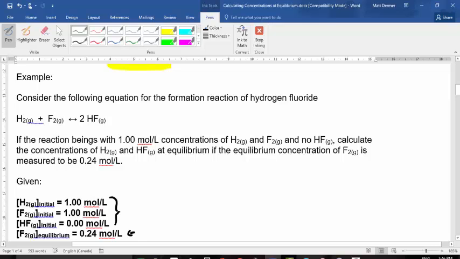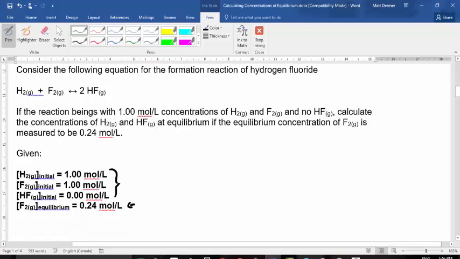The question is asking us to calculate or to predict the concentrations of hydrogen gas and hydrogen fluoride at equilibrium if the equilibrium concentration of fluorine gas is measured to be 0.24 moles per liter. So again, we're told the initial concentrations of our reactants and products, and we're also provided with the equilibrium concentration of one of the reactants, fluorine gas.